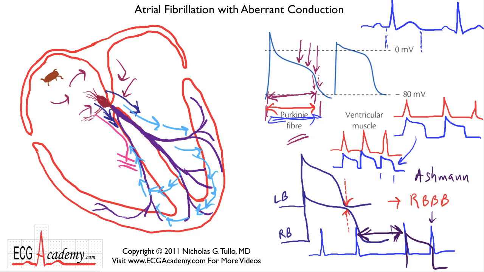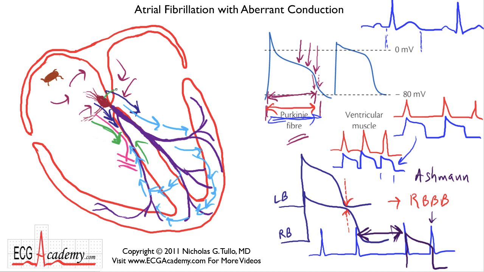Now, when the next beat comes down, this green one is number 2, the right bundle branch is refractory because it had retrograde, in other words backward, conduction, known as concealed conduction, up the right bundle. And so when this impulse comes down, it finds the right bundle branch is still refractory.